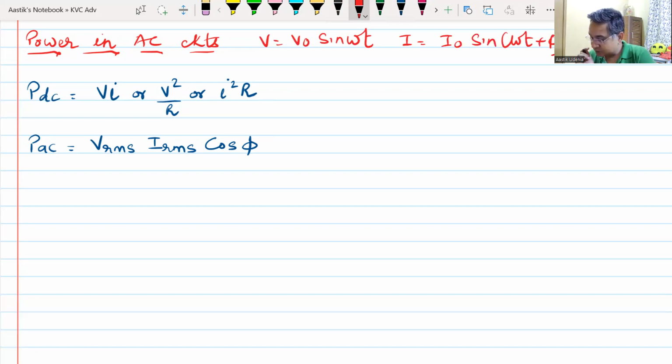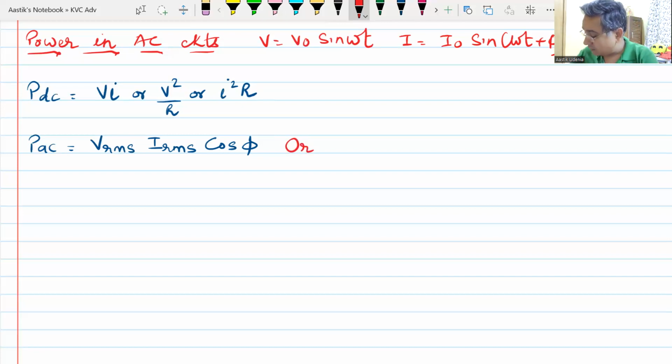Phase. This phi is the phase difference between voltage and current.